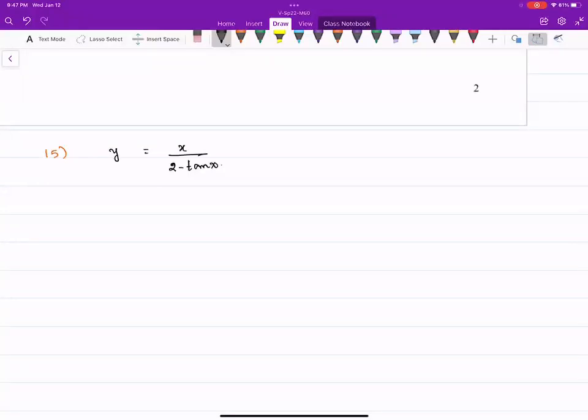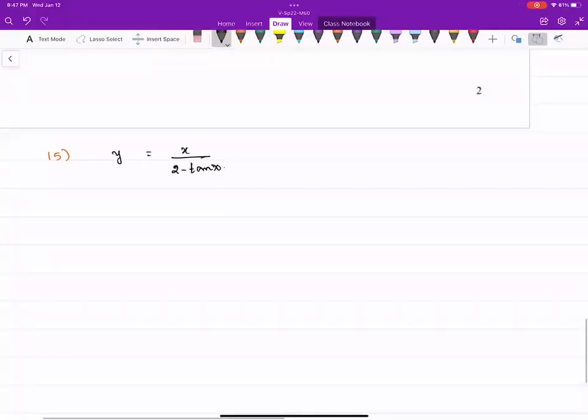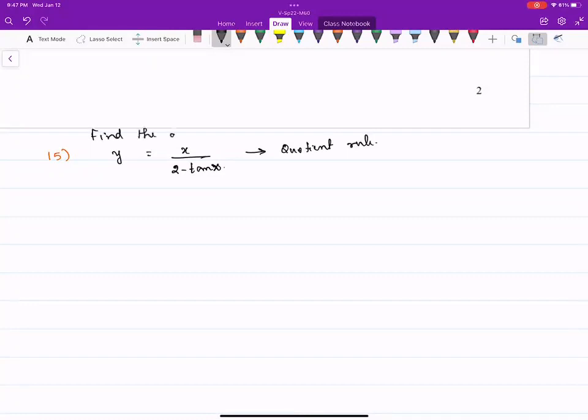y equals x over 2 minus tan x. So this clearly is a quotient form, so we can apply the quotient rule to get the derivative. We are finding y prime. What is the first step? Recognize u and v. The denominator is v.